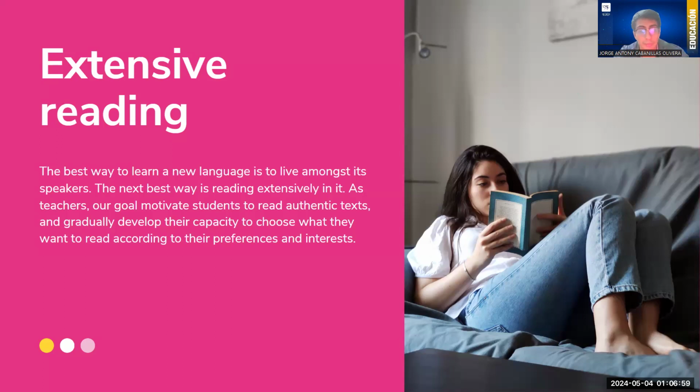So the next best way to learn a language is reading extensively in it. So as teachers, our goal is, or should be, to motivate students to read authentic texts as much as they can, and gradually develop their capacity to choose what they want to read according to their preferences and interests, and also how they interpret texts.